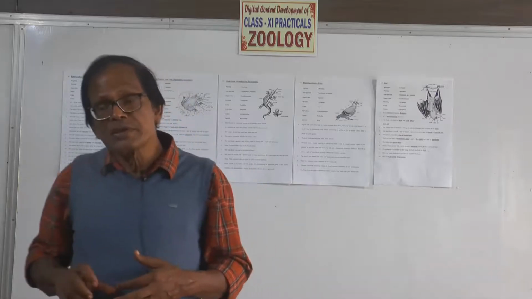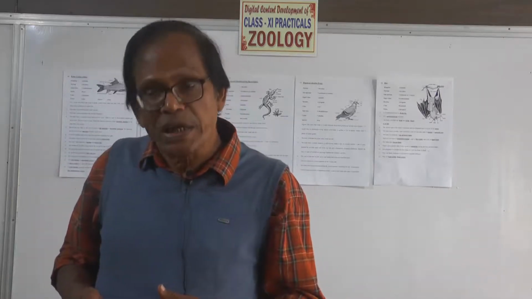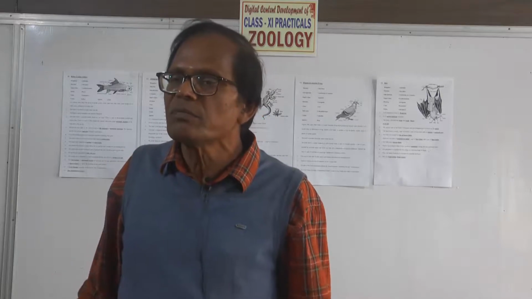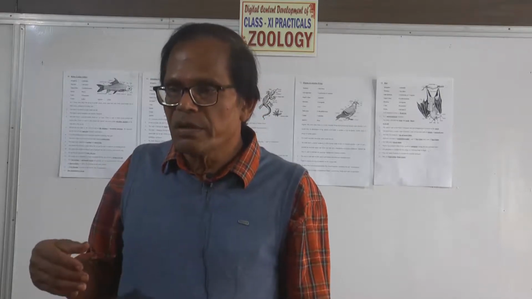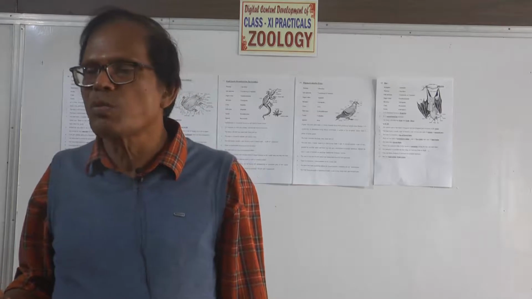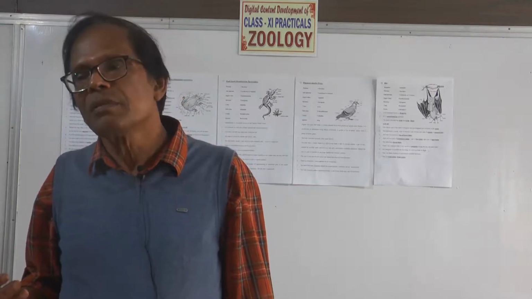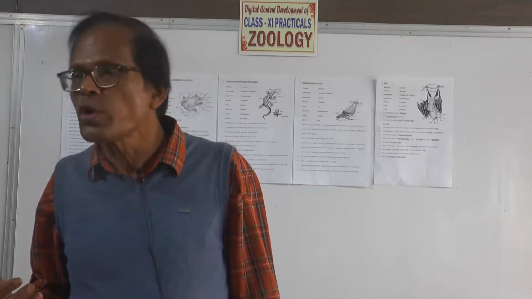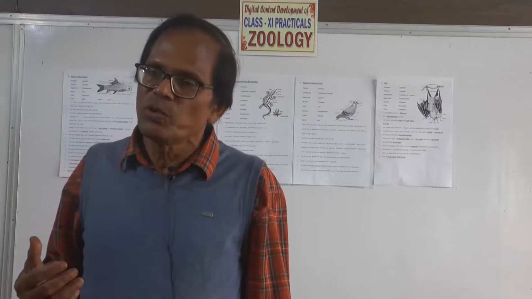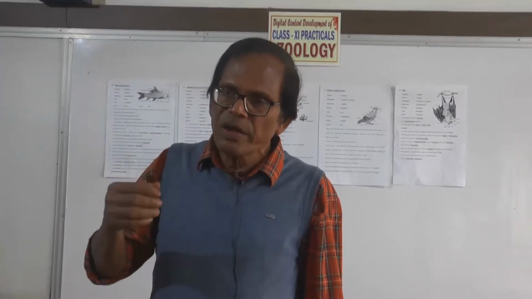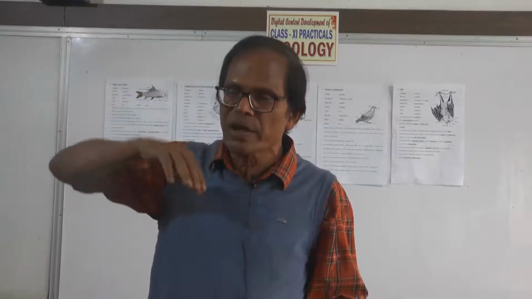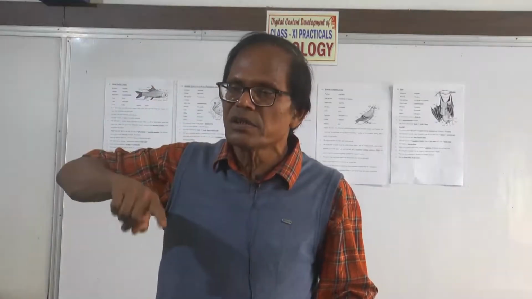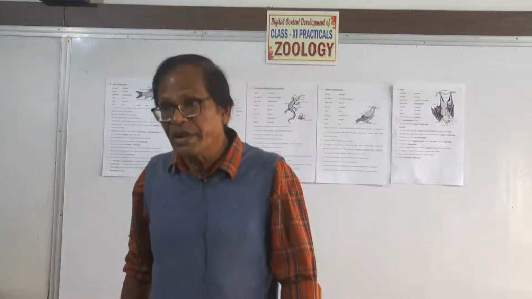Another point of difference between the cartilaginous fish and bony fish is that all the fins are supported by bony fin rays, spiny bony fin rays. If you look at the fins, they will be straighter, supported by spiny bony fin rays.